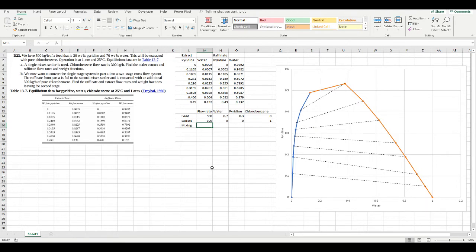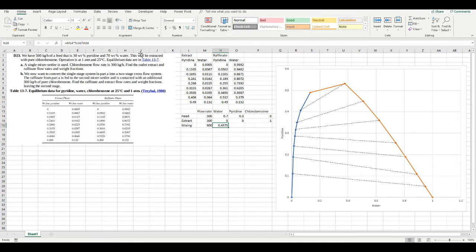So the flow rate of the mixing stream would hypothetically just be the two streams added together, and then the composition of the stream would be equal to 500 times the amount of water divided by the total flow rate, and we would get this.